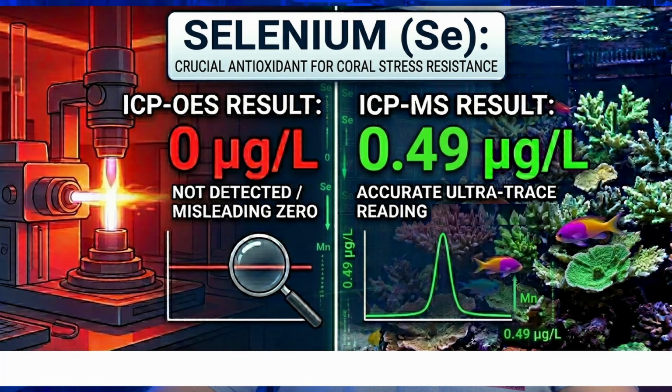Now you should be seeing on the screen the results for selenium. Selenium is an essential trace element in reef aquariums that acts as a powerful antioxidant. ICP-MS showed 0.49 and ICP-OES was at 0. My target is between 0.3 and 0.5 micrograms a liter.